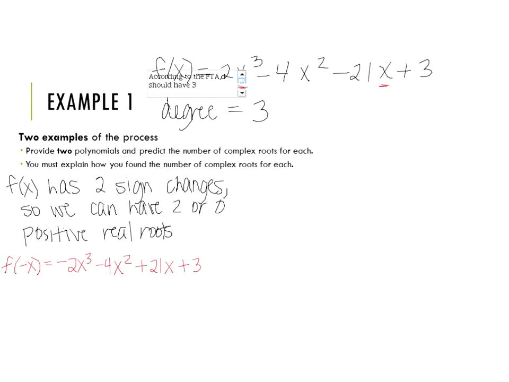All right, so how many sign changes do we have in f of negative x? Yep. So f of negative x has 1 sign change. So we can have one negative real root.